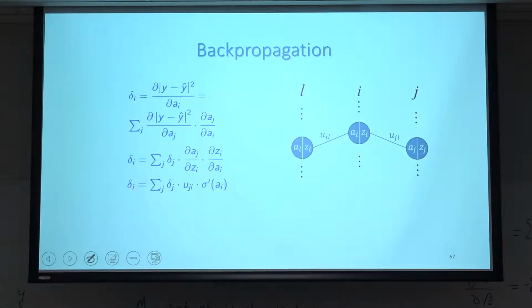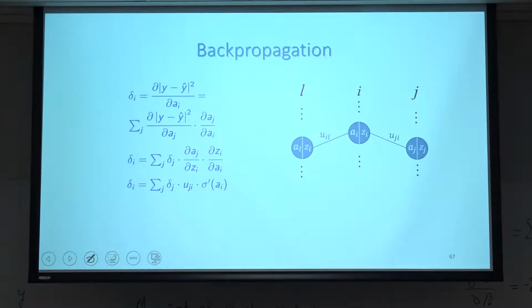So what's good about this is that I can express delta I in terms of delta J. Remember what we did at the beginning. We wanted to compute the cost function with respect to UIL, and we realized that this is going to be delta I times ZL. ZL is known.